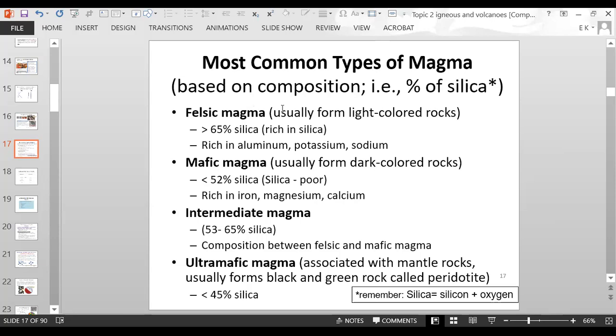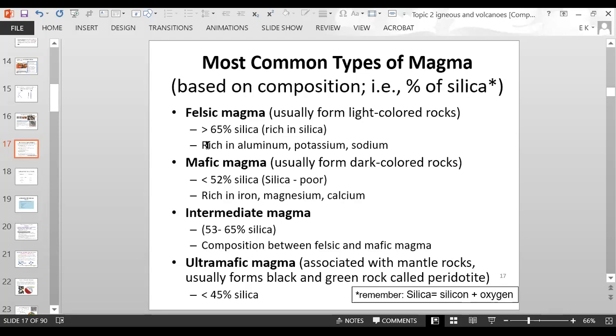You have felsic magma. That's more than 65% silica. Again, silica is silicon and oxygen. So greater than 65% silica is considered to be rich in silica.